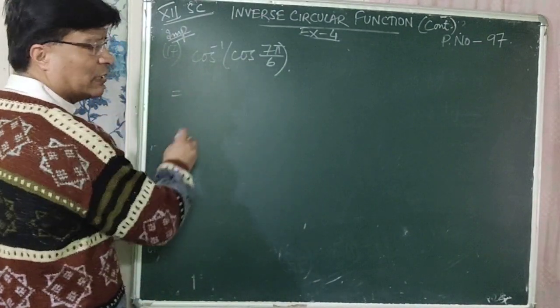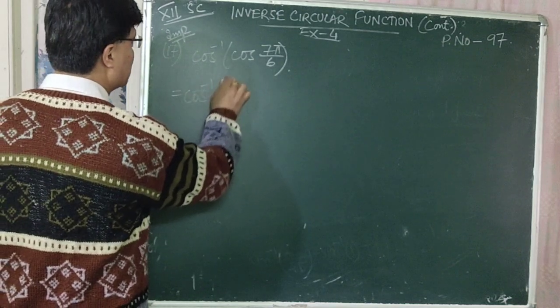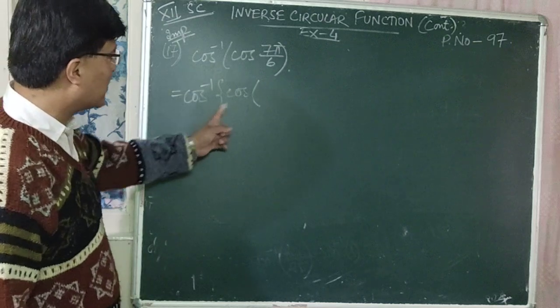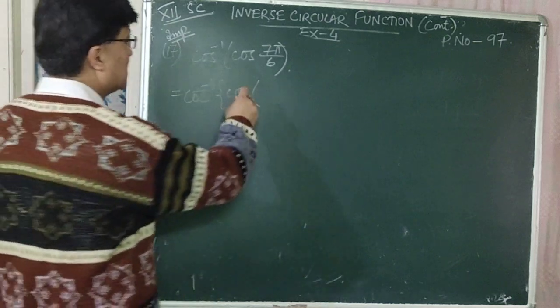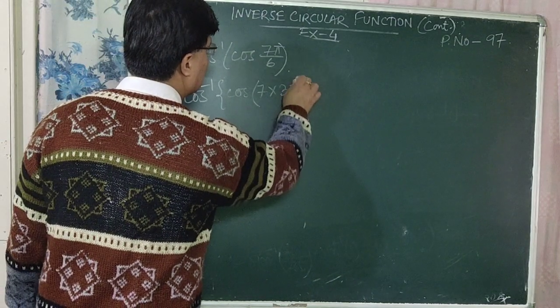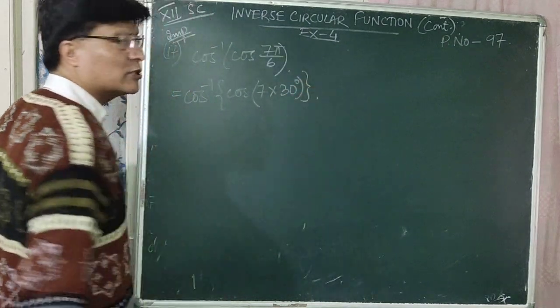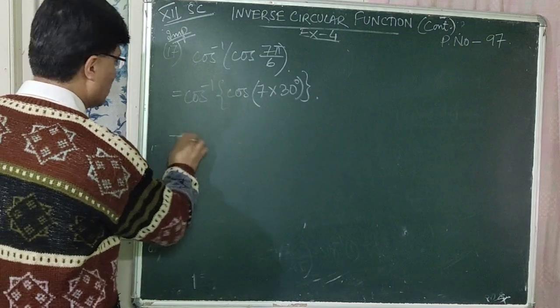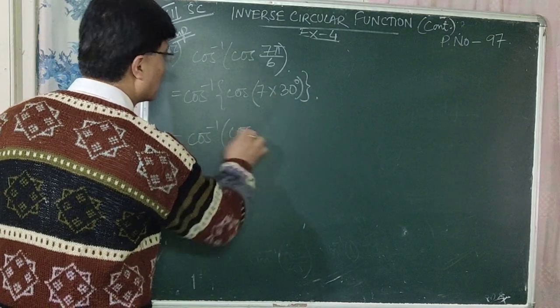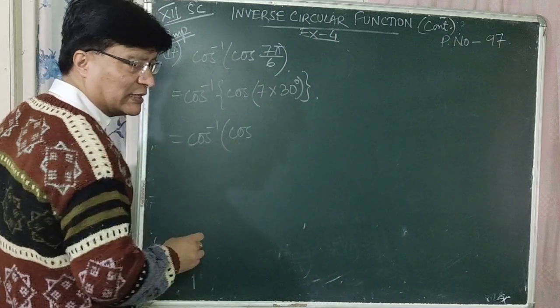So let us simplify now. Let us convert into degrees. Cos inverse cos, let us write it within first bracket. This is second bracket, this is first bracket. 7 into, you know that what is pi by 6? It is 30 degree. Second bracket is closed. Right? So which is equal to cos inverse, now within bracket, cos, what is 7 into 30 degree?